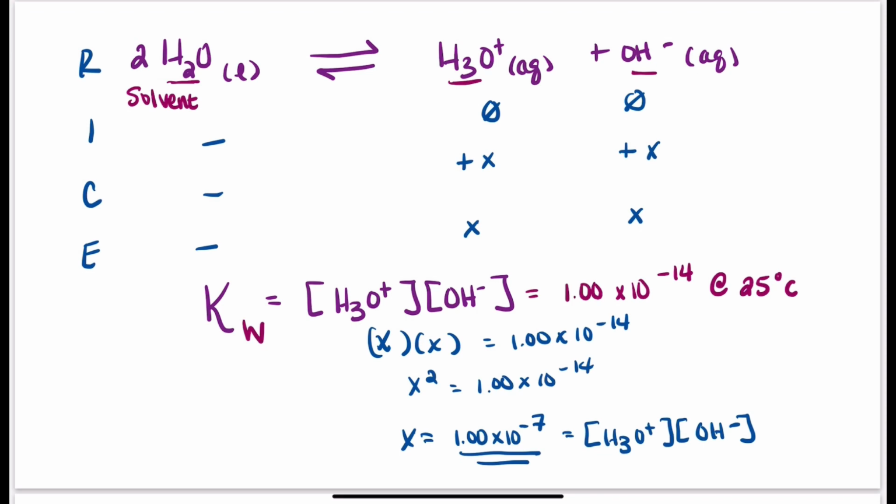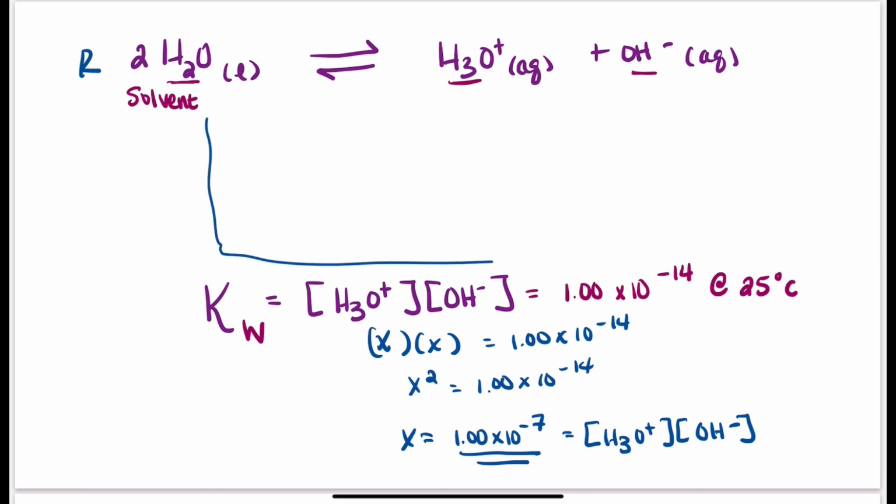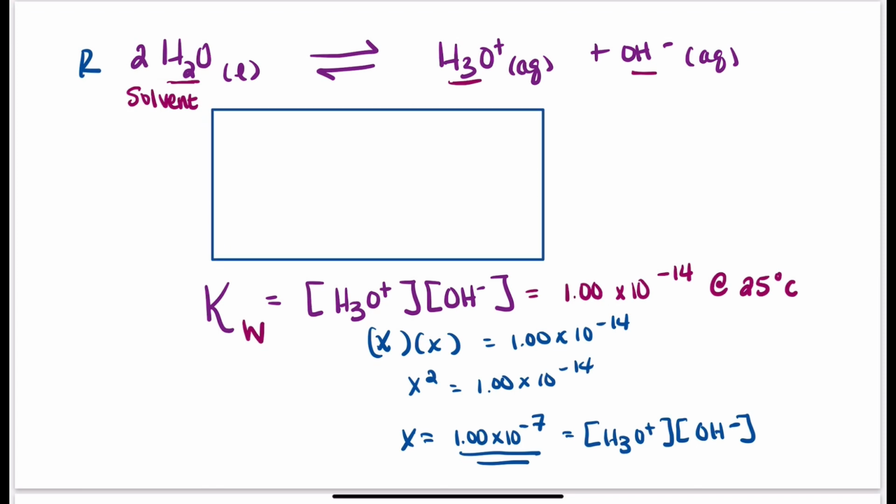Let's think about what this means conceptually. I have a beaker of water. And I put in some water molecules. And every so often, 2 water molecules will react and form a hydronium and hydroxide. But it's in a 1-to-1 ratio.